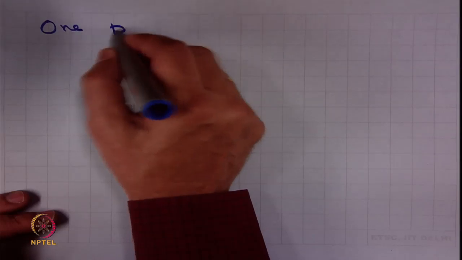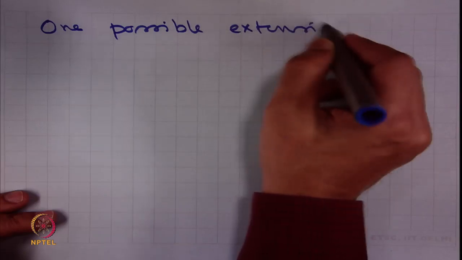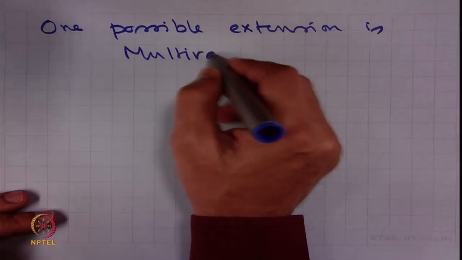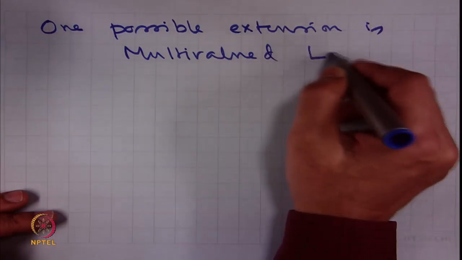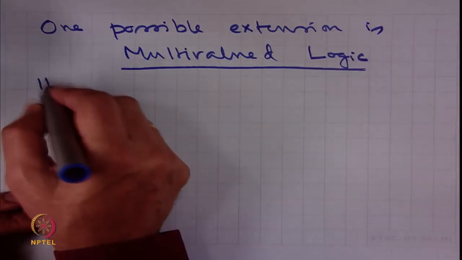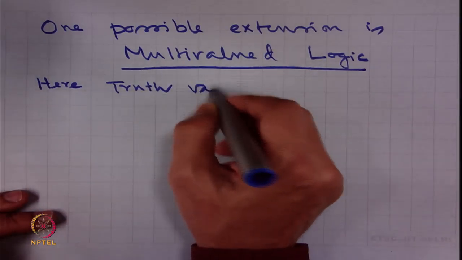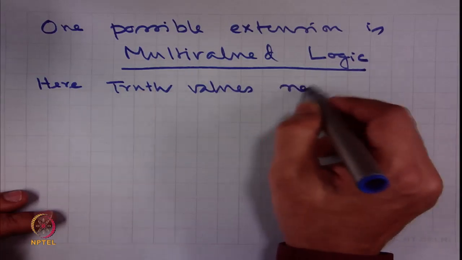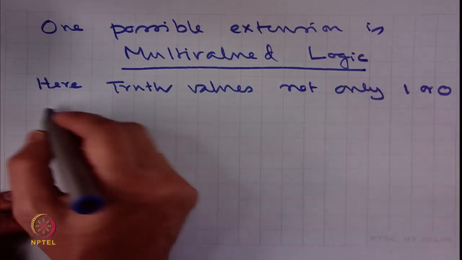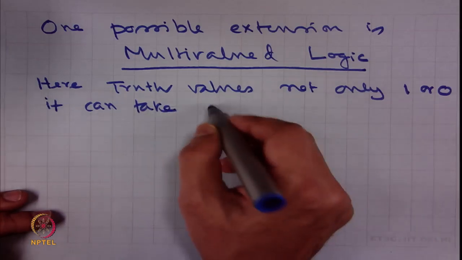One possible extension is multivalued logic. Here, truth values are not only 1 or 0, it can take other values also.